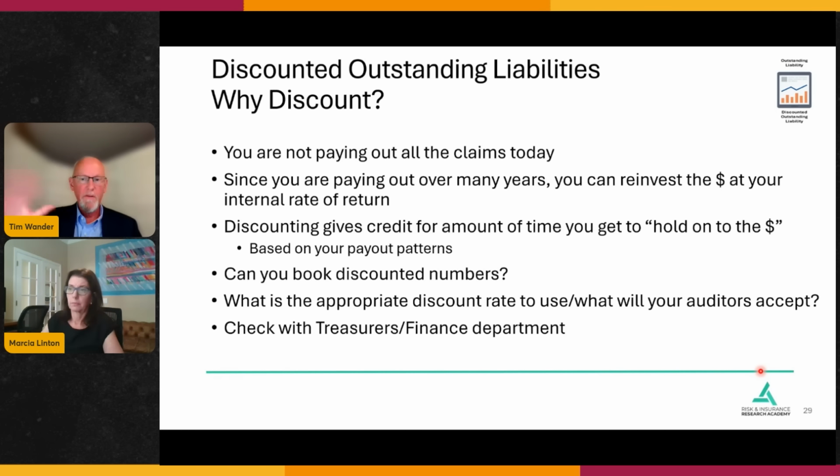So let's post our full, non-discounted reserves on our financials, or do you want to discount those reserves? And if so, then that discount rate is coming from your finance or treasury department, not you as the risk professional. But you want to find out what is the philosophy of the organization, and are they conservative or not? And that can help drive a discount decision.